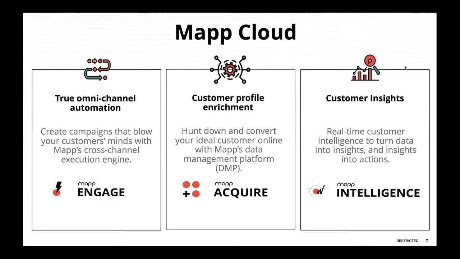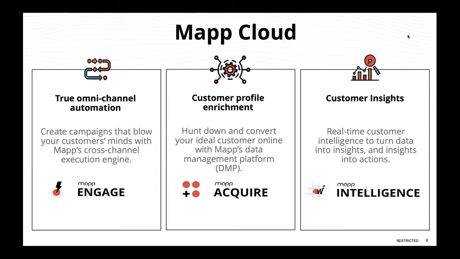Just a quick reminder for some of you that might not be familiar with the entire product set that Mapp Cloud has to offer. In fact, these are just 3 out of 4. We also have Mapp Empower, our agency edition for marketing automation. But the key products that we provide for our customers are Mapp Engage, which is the true omni-channel automation platform to send campaigns via email, mobile push, SMS.